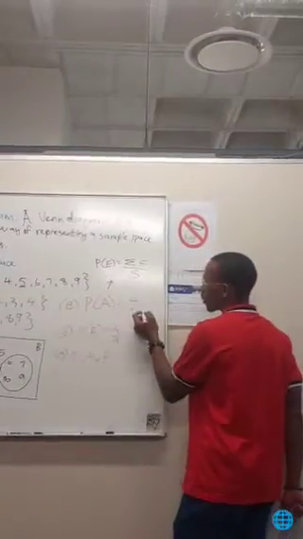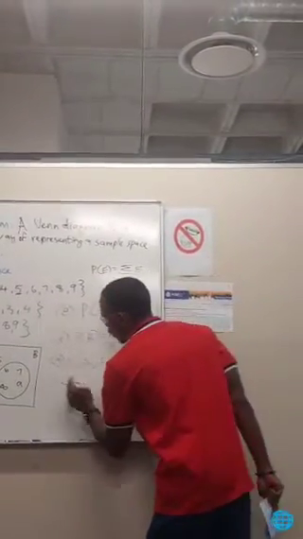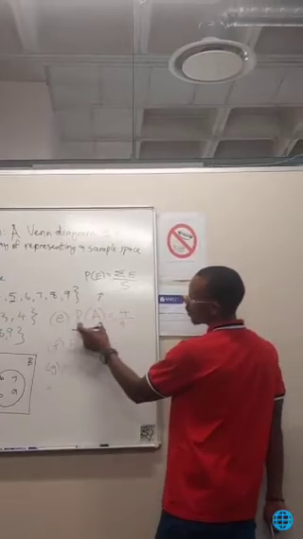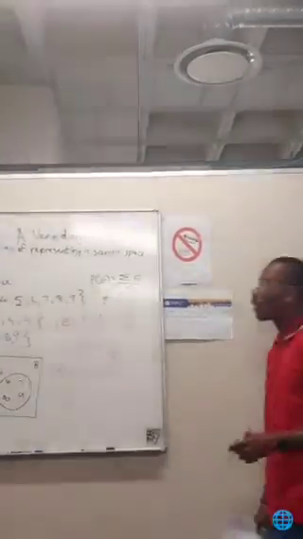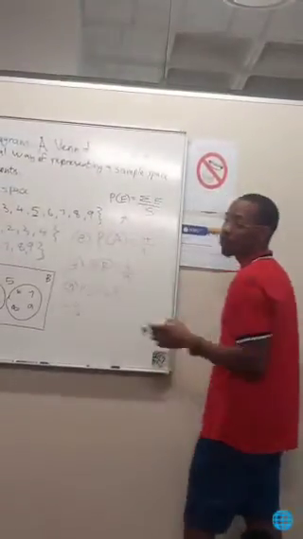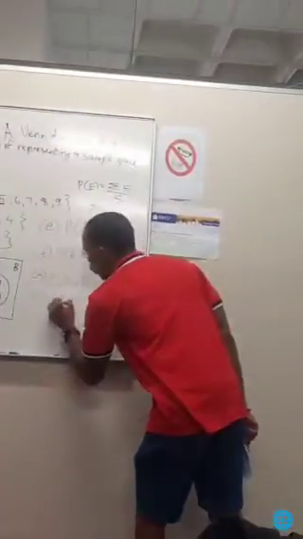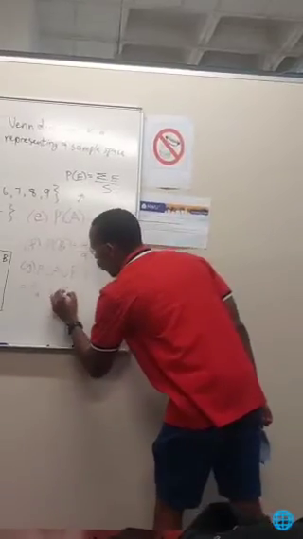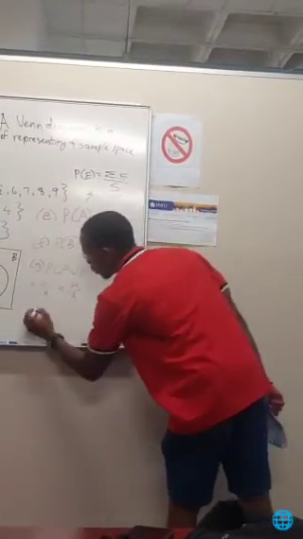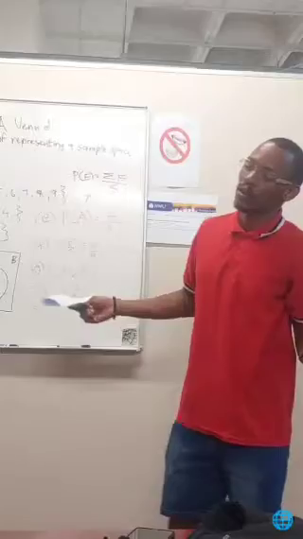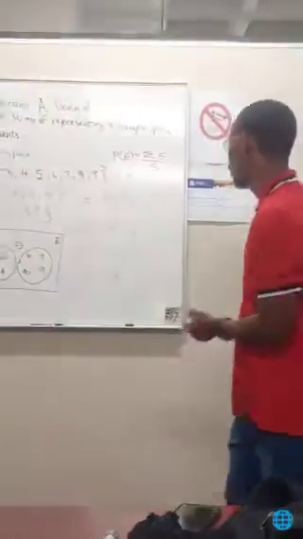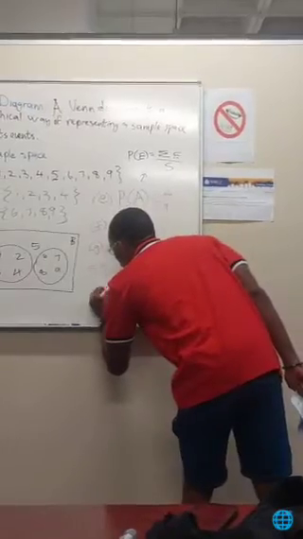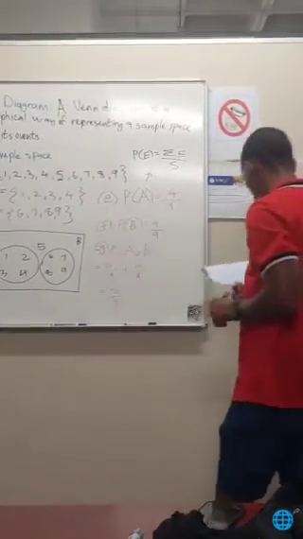Correct. So we're going to take these answers. We're calculating the probability of A, which is 4 over 9, and we're also calculating the probability of B, also 4 over 9. So now, basic maths, 4 over 9 plus 4 over 9 equals 8 over 9.